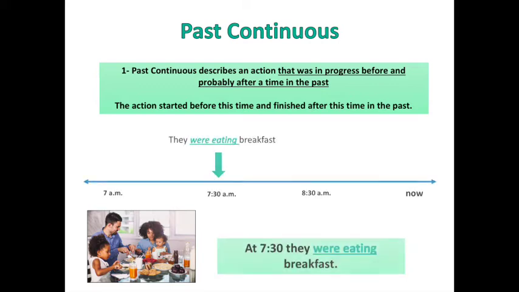So in this example, at 7:30 they were eating breakfast. This action was in progress at that time. They started at 7 a.m. and finished at 8:30. And at 7:30 they were eating. It was in progress. The activity started before that time and finished after that time.